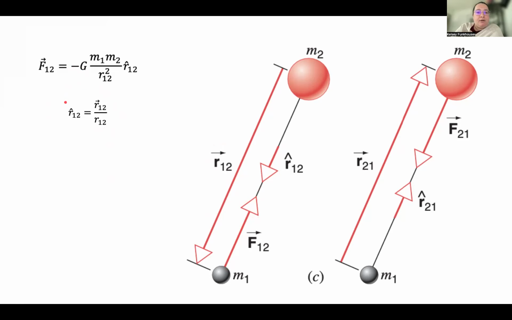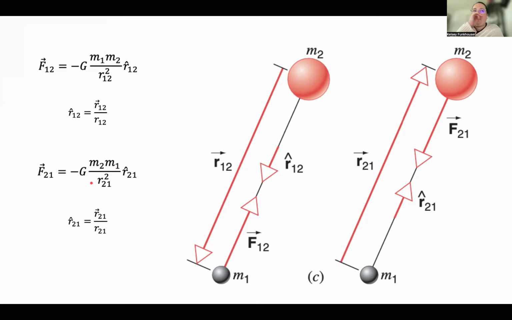We can also give the relationship for r hat, maybe even just like a definition of it, given by the vector r12 divided by the magnitude r12, which really results in a unit vector pointing in the direction of the vector. And we can get the same relationship for the force on mass 2 from mass 1.